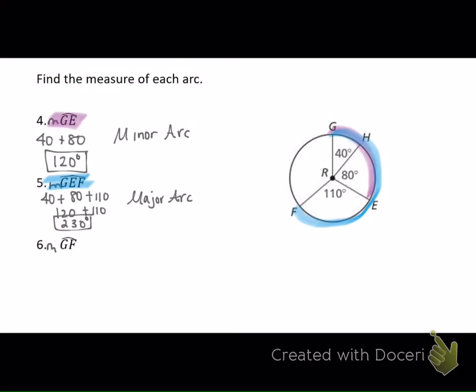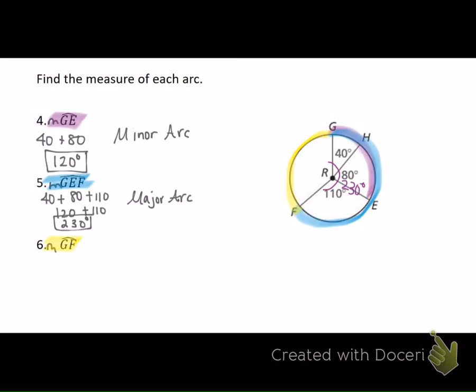And then GF, since it's 2 letters, you need to make sure you're going the shortest distance possible. So GF is right there. That's the smaller distance there. How can I go about finding that, Daniel? What can I do? 360 minus 230. So we already know that these 3 angles are 230 degrees, right?